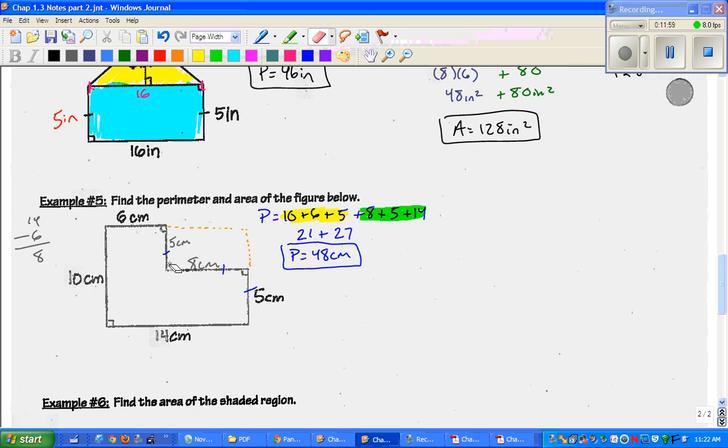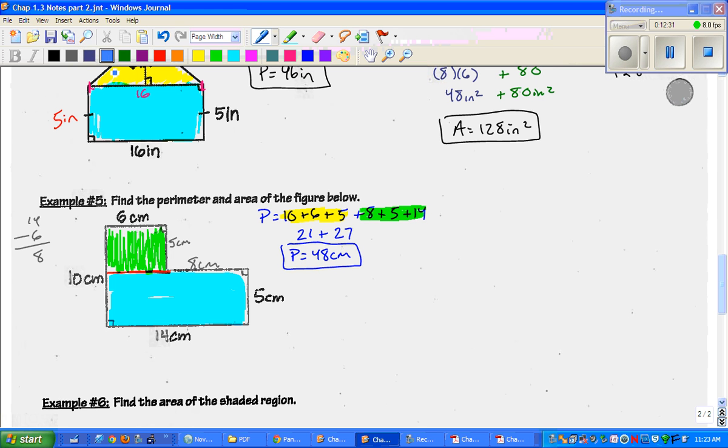Okay, let's erase some of those tick marks. Now, the next thing we have to do is find the area. When we find area, what I like to do is break this up into 2 different shapes. So we have our square that's up here, our mini rectangle, and then we have another rectangle.